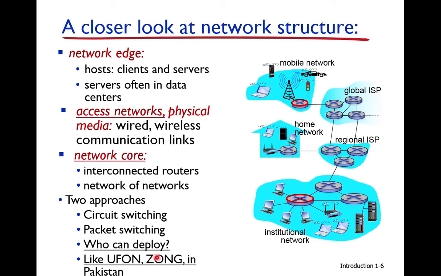So there must be connectivity. In the same way, the internet ISPs, the core network that is deployed in the world, are connected in the same way. There are multiple ISPs, and these multiple ISPs are connected with each other. So now we are going to discuss this perspective of the core network.